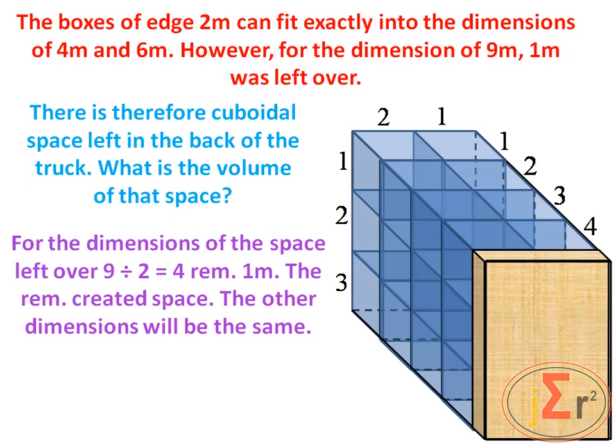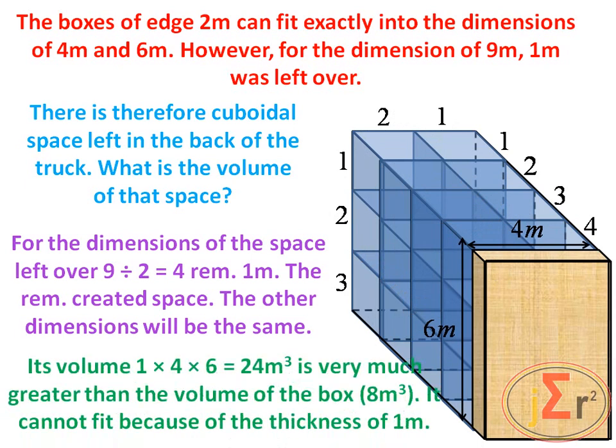So it is the remainder that creates the space, and the space has a dimension there of 1 meter. The leftover, and then the other dimensions, 4 by 6, will be 4 meters, 6 meters by 1 meter. So the volume is 1 by 4 by 6, and that is equal to 24 cubic meters.